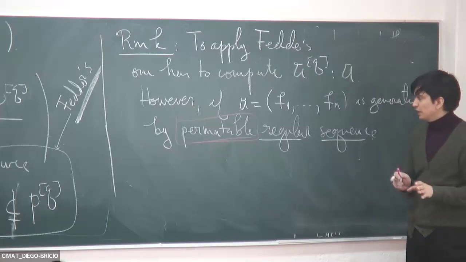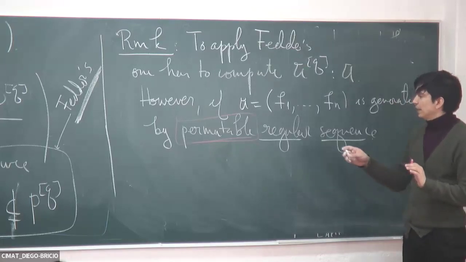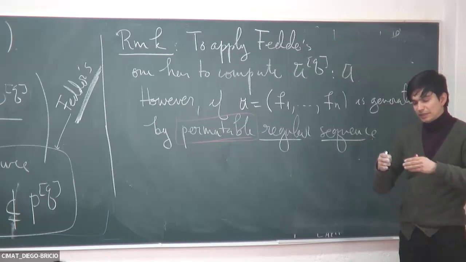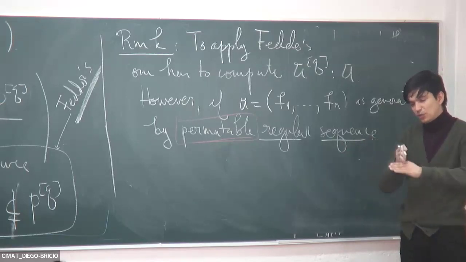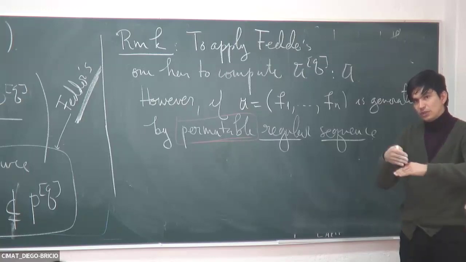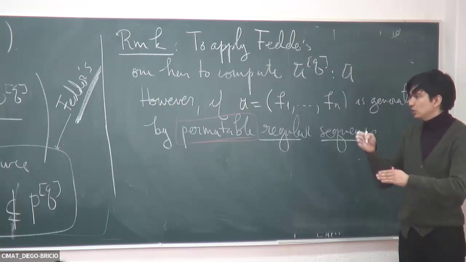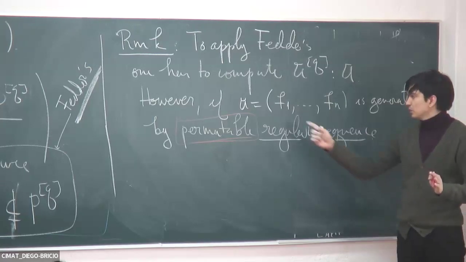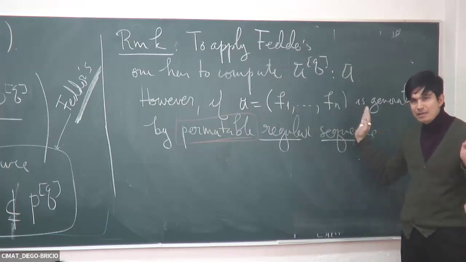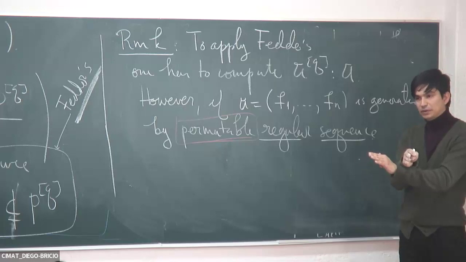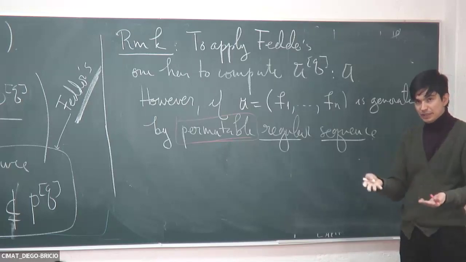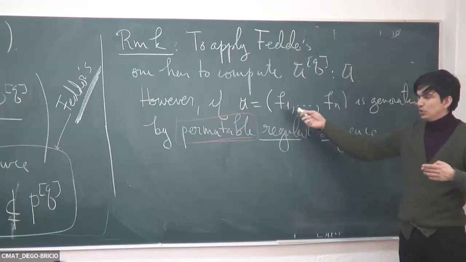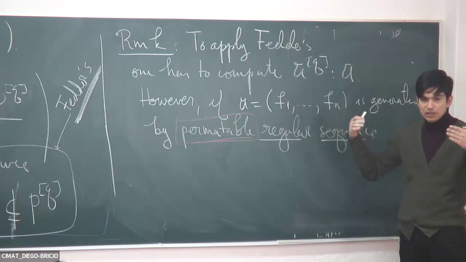So the two key examples are the case in which the ring is local, that is the case in which all the F's have to go through one single point. Then you have good control of all of them. So if the ring is local, the order of the elements doesn't matter. If this is a regular sequence, any permutation of them is going to be a regular sequence. The other typical case, which is morally a local case, is the case in which you have a graded sequence.